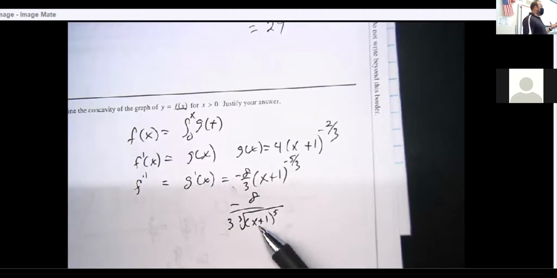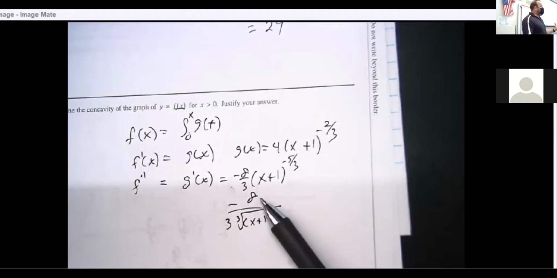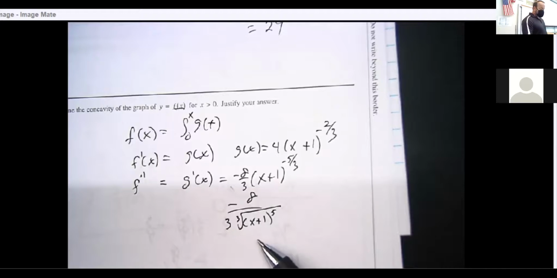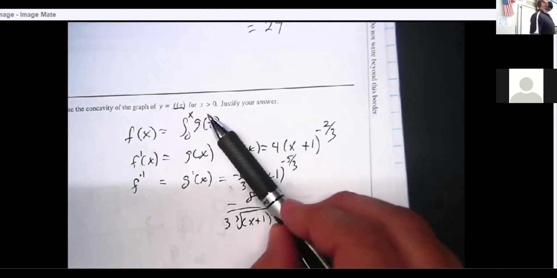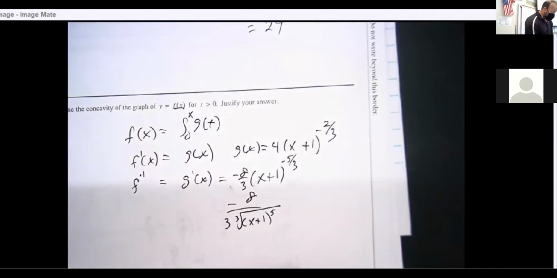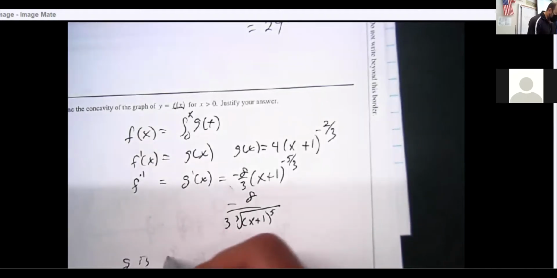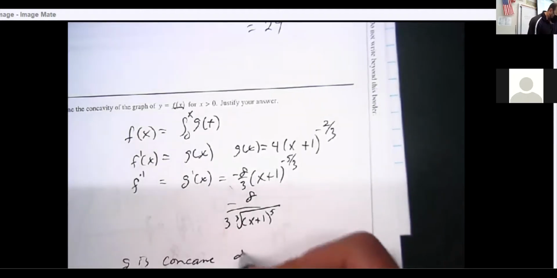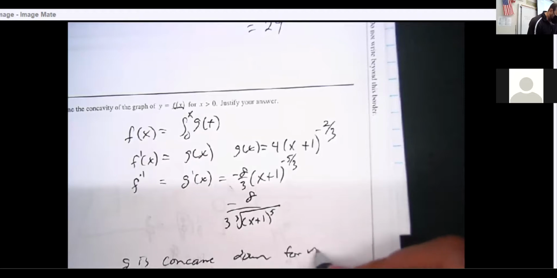You're going to get a positive answer, right? So I got a negative 8 divided by 3 times a positive answer. So as long as x is positive, what's going to happen? I'm going to get a negative. So I would say g is concave down for all x greater than 0.